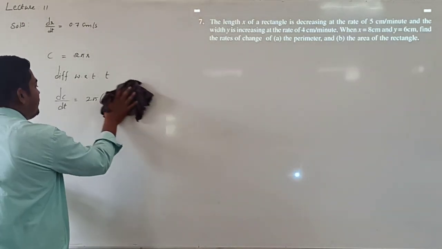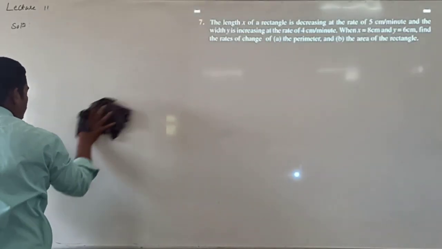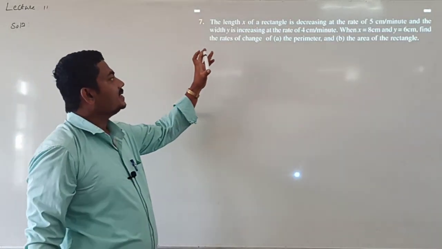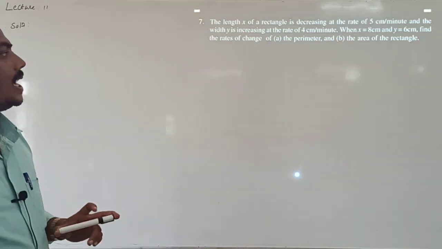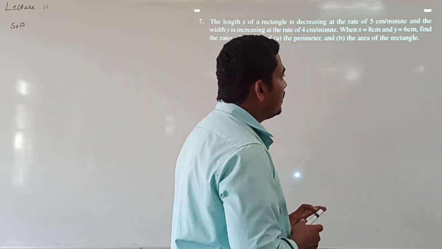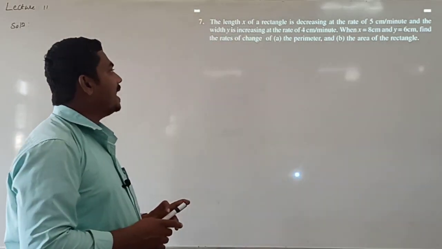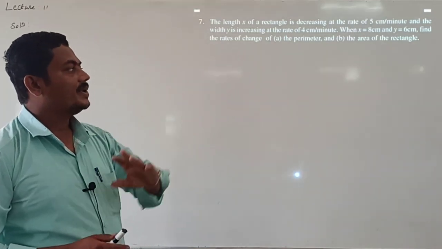And this is a very important 5-mark question. The length x of a rectangle is decreasing at the rate of 5 centimeter per minute, and the width y is increasing at the rate of 4 centimeter per minute.